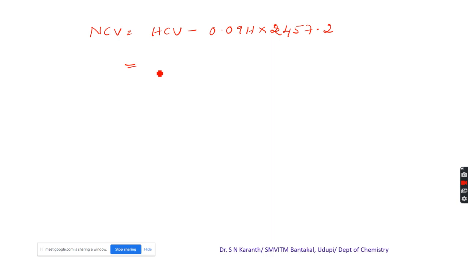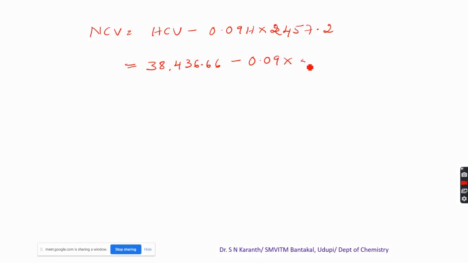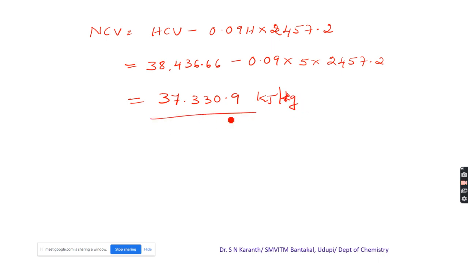Higher calorific value is already calculated, that is 38,436.66, minus 0.09 into the percentage of hydrogen they gave, which is 5%, so 5 into 2457.2. How much does it become? It is 37,330.9 kilojoule per kg.